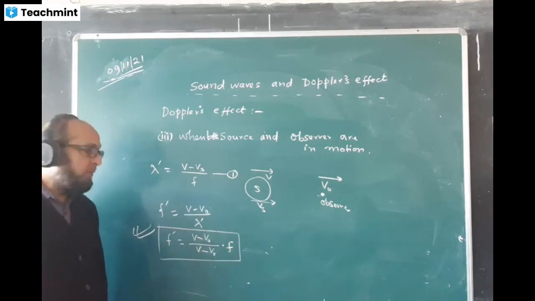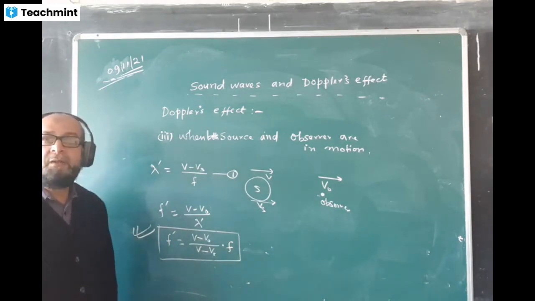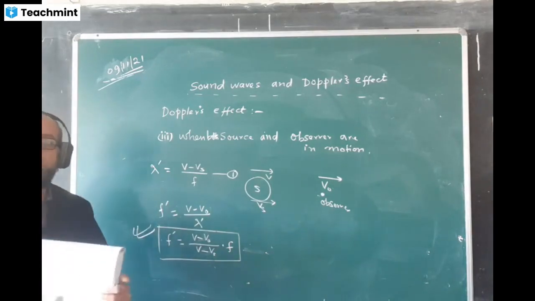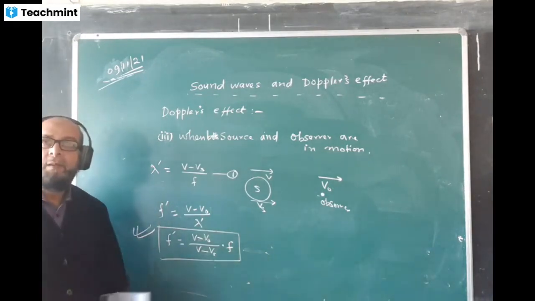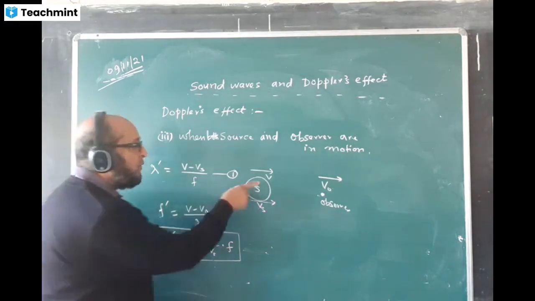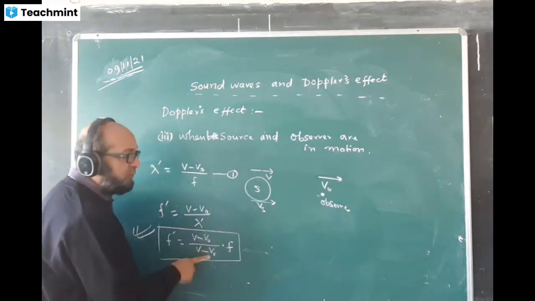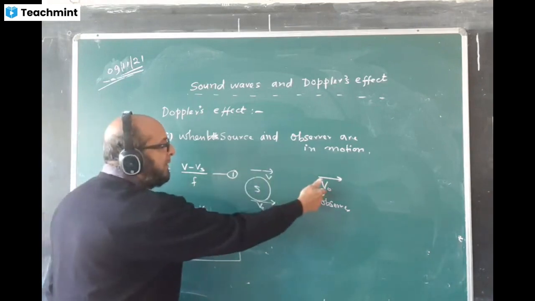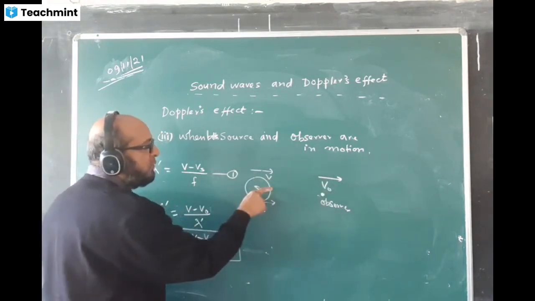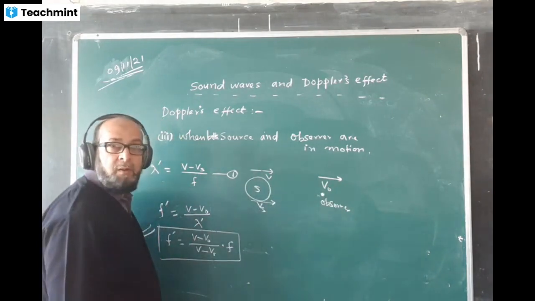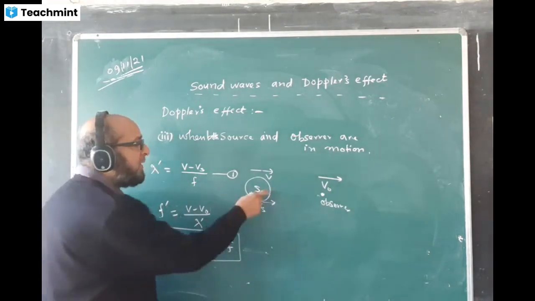That means you only remember the third formula. And accordingly, you will use this formula and do a particular case. Because V and Vs will always be in the same direction, that's why V minus Vs will always be there. Now the observer can come towards the source, or the observer can move away from the source. Or the source can go away.